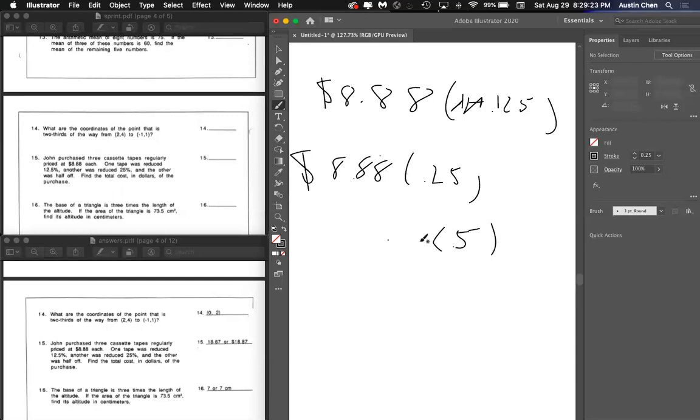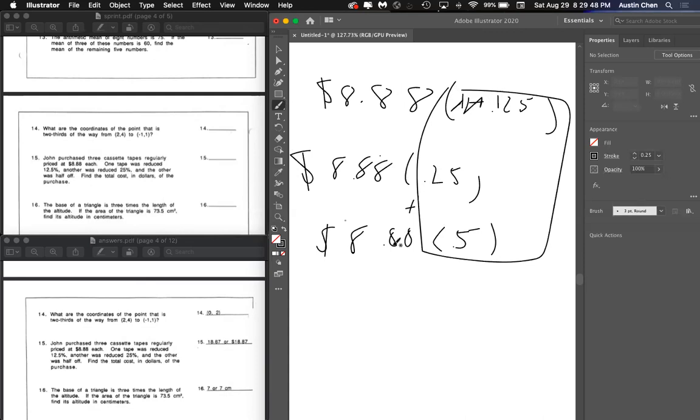So what you could do is find each of these separately, and then add them all up, and that would be the total amount that you'd be taking off. But you could just add up these percentages first, because they're all multiplying by 888, right? So add up the percentages first, and then multiply by 888.